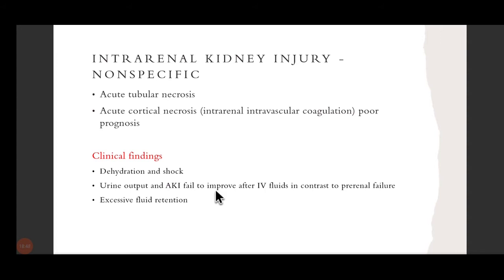So the finding in such a patient is that the patient is in dehydration and shock, and despite giving the fluid challenge, there is no increase or improvement in the urine output, which is in contrast to a patient of pre-renal failure. The patient may also present to you with excessive fluid retention.